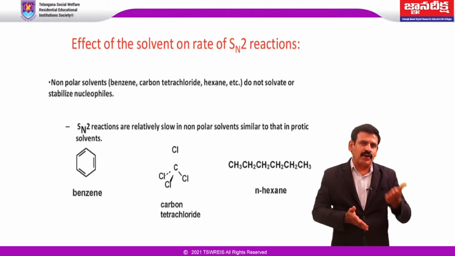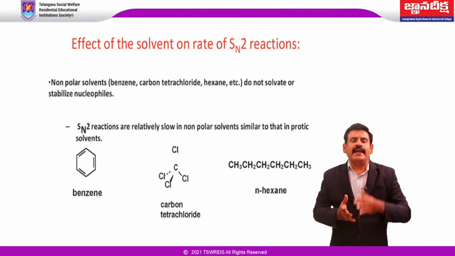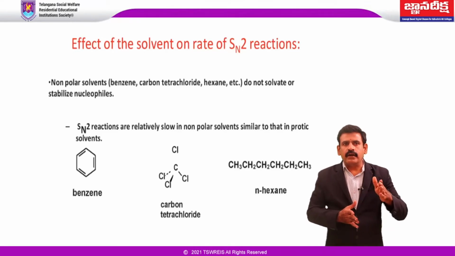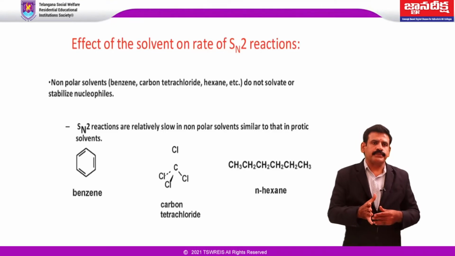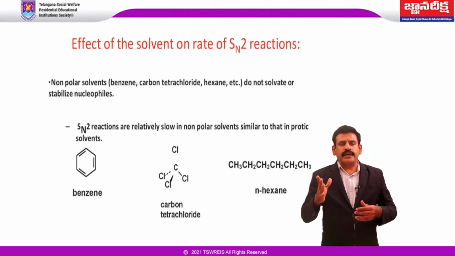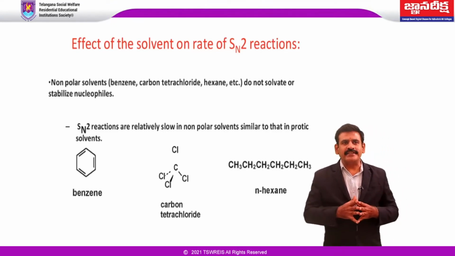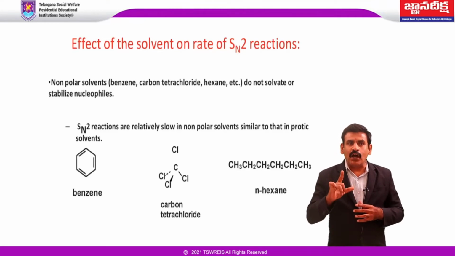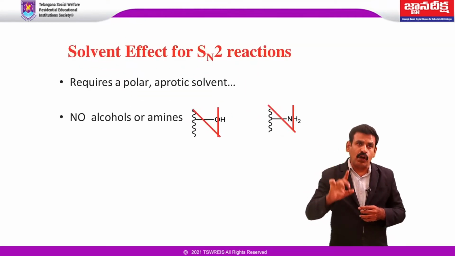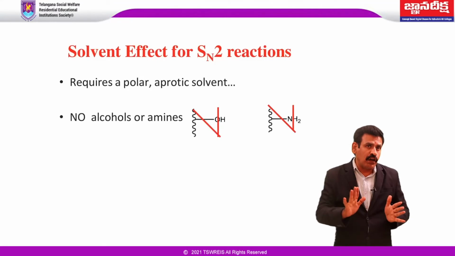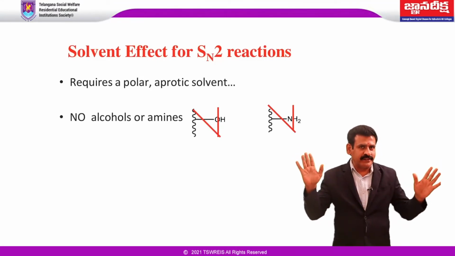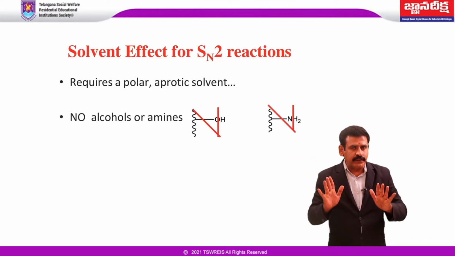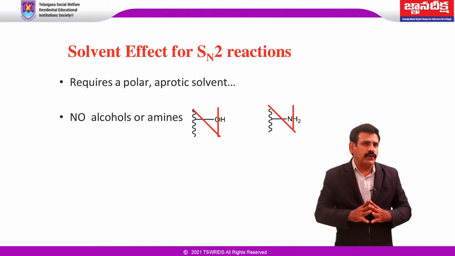So the solvent effect for SN2 reactions requires a polar aprotic solvent. No alcohols or amines. Alcohols or amines slow down the SN2 reactions.